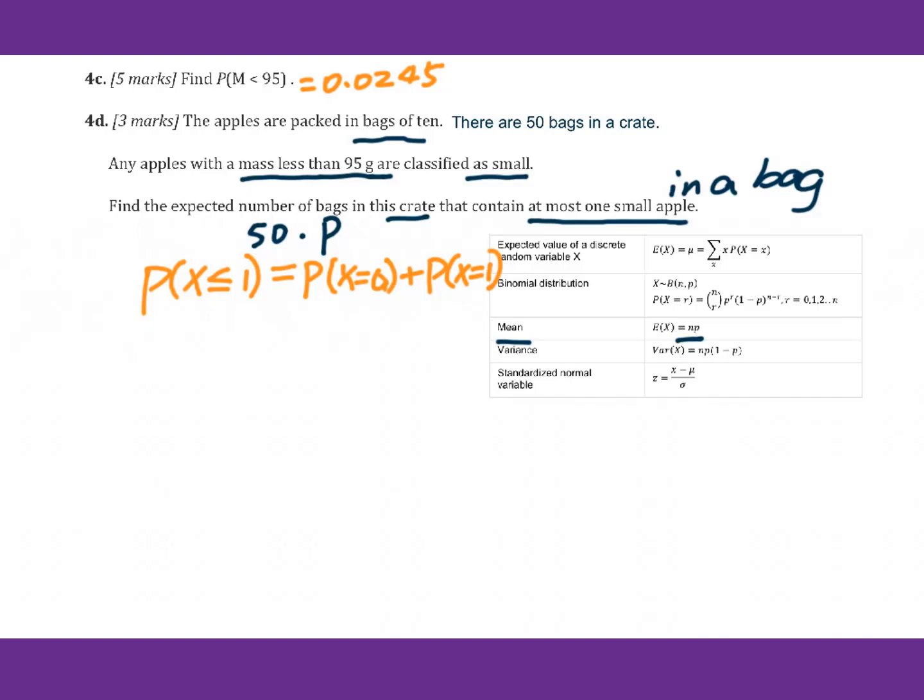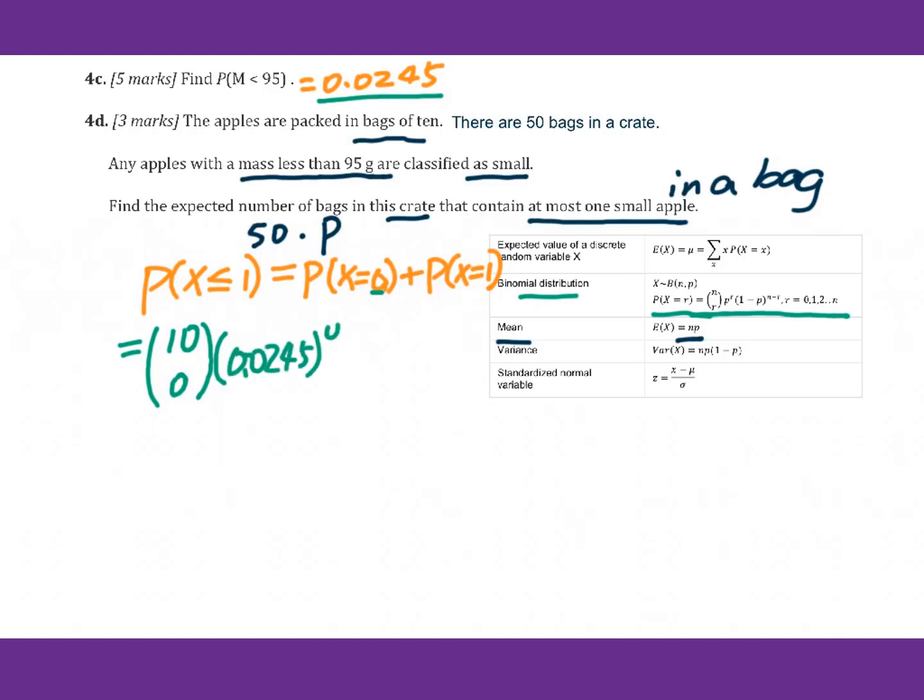There are 2 ways to do this. First of all, let's use this formula, which is for the binomial distribution. You will get 10 apples, none of them a small apple. The probability for a small apple is 0.0245.